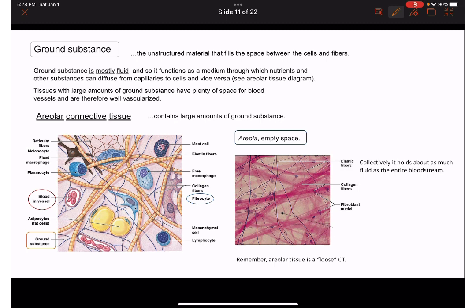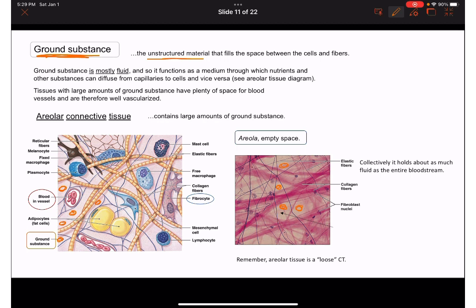And the last component, common to all connective tissues, is ground substance. And ground substance is the unstructured material that fills the space between the cells and the extracellular protein fibers. So down here, both in this areolar tissue drawing and the areolar tissue histology, all of this empty space represents ground substance.